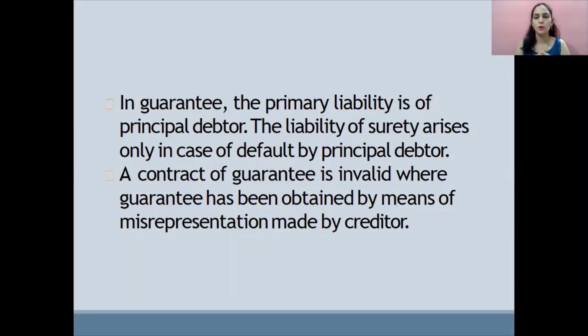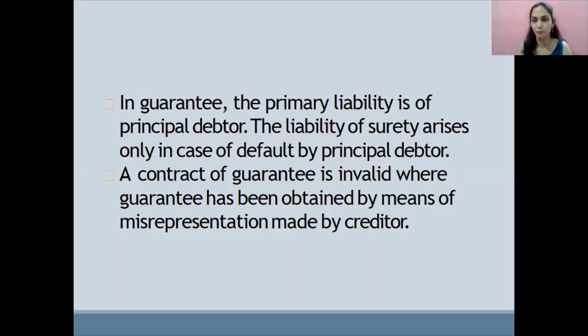So, foremostly, the primary liability will fall onto the shoulders of the principal debtor. The liability of the surety arises only in case of default by the principal debtor. Hence, the primary liability should be of the debtor.